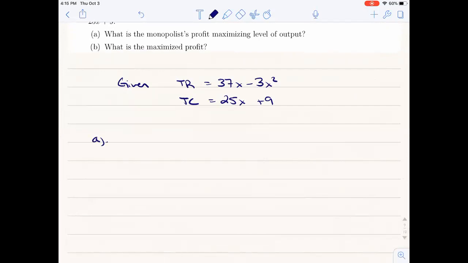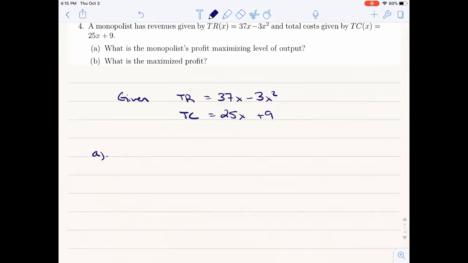Part A, what is the monopolist's profit maximizing level of output? That means we first have to find the profit function and then maximize it. So find the profit function. Then maximize it.